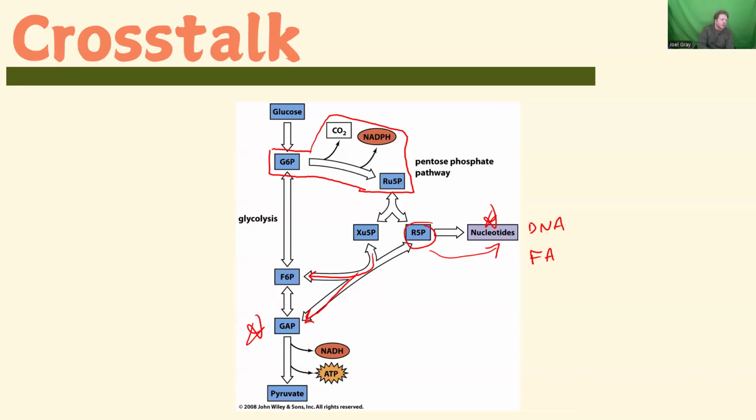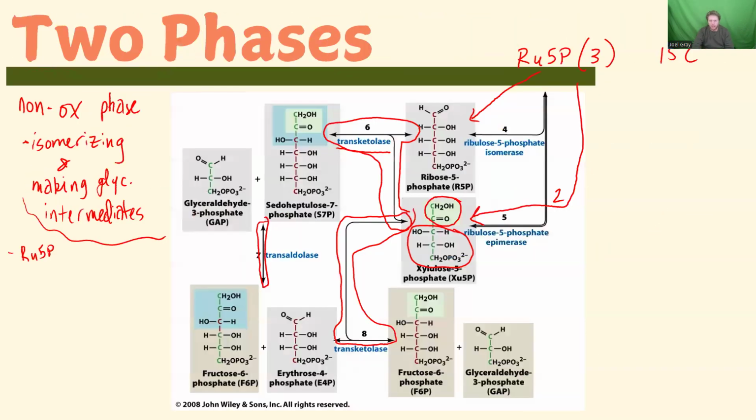Like I said, glyceraldehyde 3-phosphate was the primary place where we rejoin glycolysis, but this other one, fructose 6-phosphate. Let's go back and look at our secondary process, or our non-oxidative phase. Fructose 6-phosphate is an intermediate in this non-oxidative phase. So where we go back into glycolysis is in this non-oxidative phase of the pentose phosphate pathway.